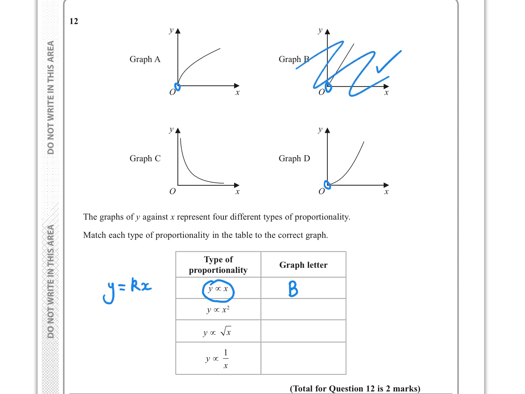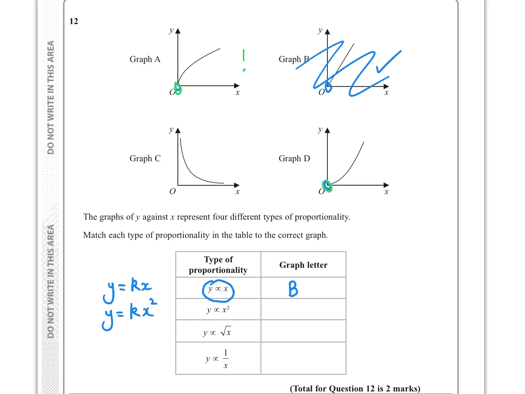So now the second one is y is proportional to the square of x, so y would be equal to kx squared for some value of k. Now if x is 0, y is 0, so it still has these two possibilities here. But I think you can see as x would go up, so y would go up. Now this one doesn't match that, whereas this one does.